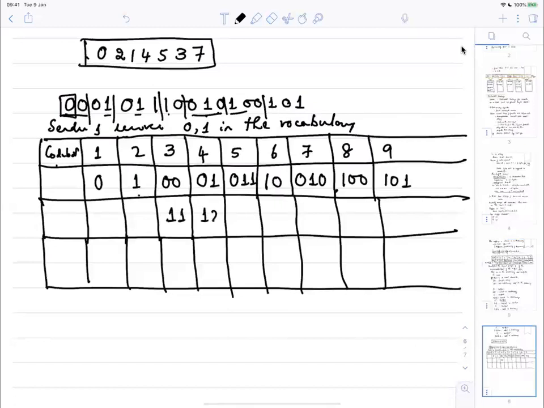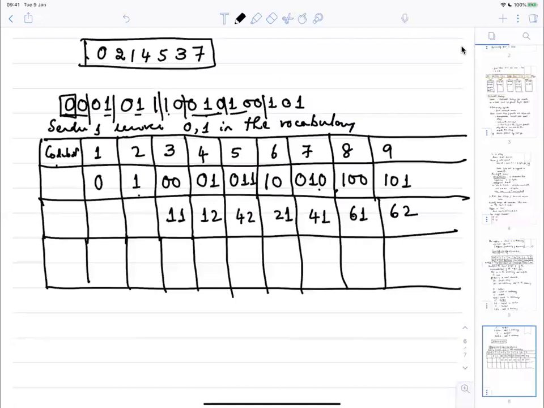This is 1, 2. And this is 4, 2. And this is 2, 1. And this one is 4 and 1. And this is 6 and 1. And 6 and 2. So this is what we need to transmit.